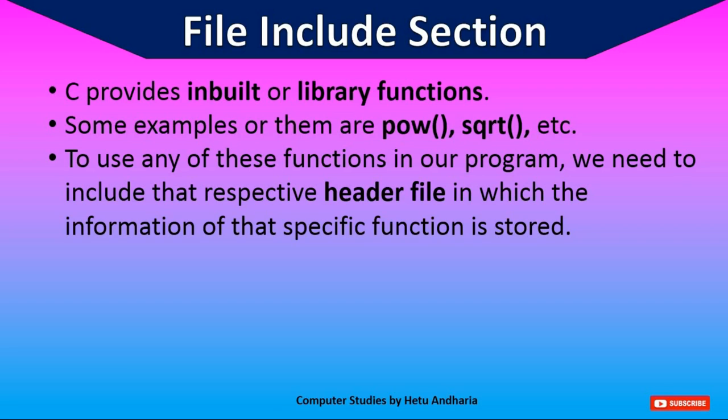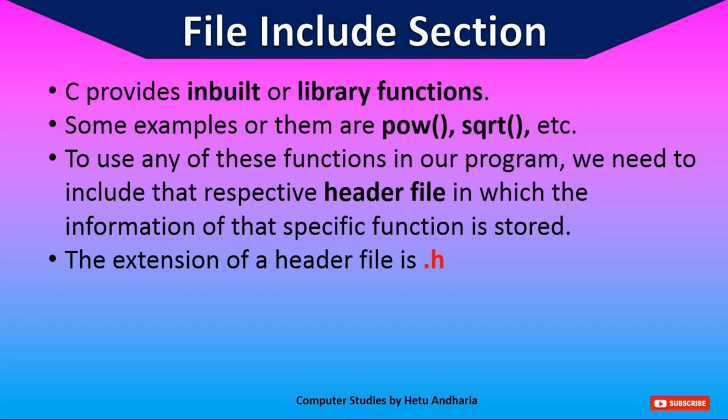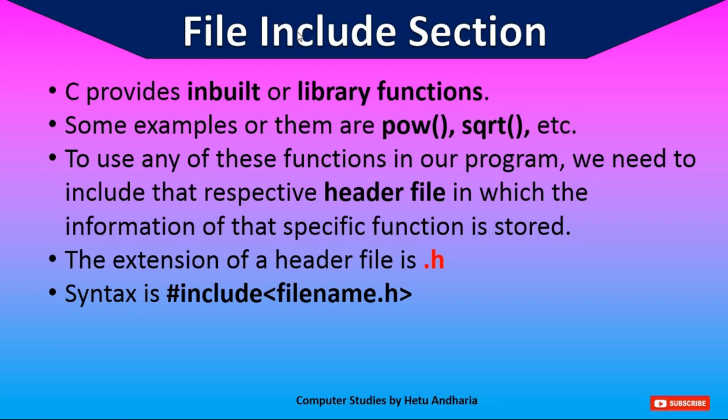Standard input output functions are stored in stdio.h. So there are different header files in which different functions are stored, and you need to include the necessary header file. The extension of a header file is .h. The syntax to include a header file is hashtag include, no spaces in between, just observe. Hashtag include, angular brackets, file name .h.